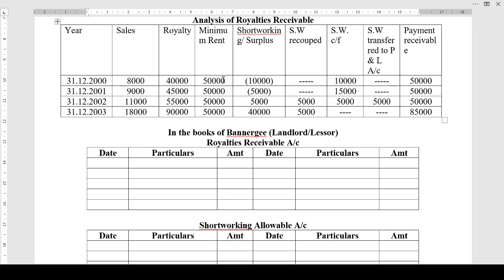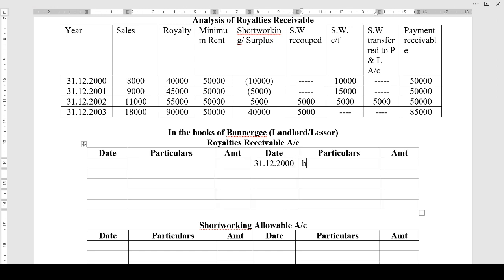So what's the first entry normally without minimum rent? Royalties account debit to landlord. Here it will be just the opposite. There's no landlord now. Lessee's account debit to royalties receivable. Remember it that way. So in royalties receivable, you will have it by lessee. Who's lessee here? Qureshi. Qureshi's account debit to royalties receivable.